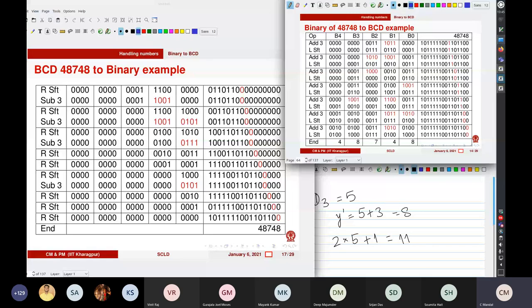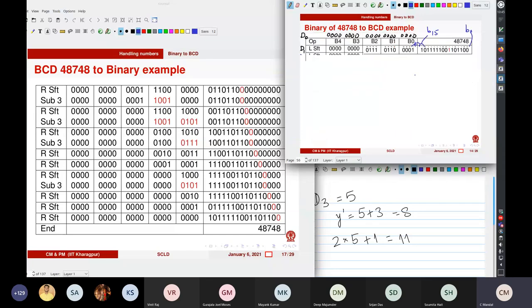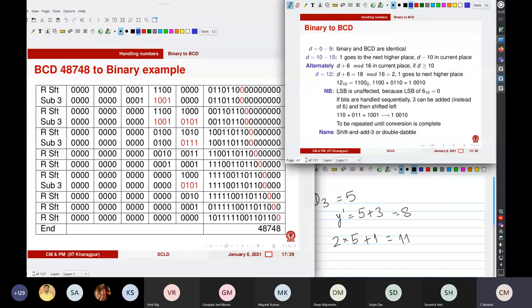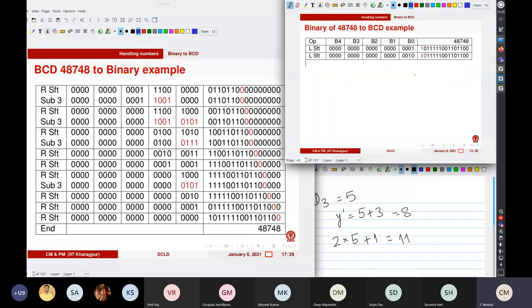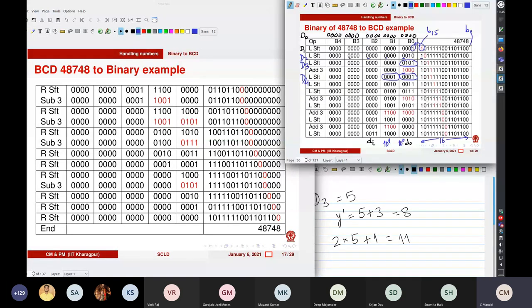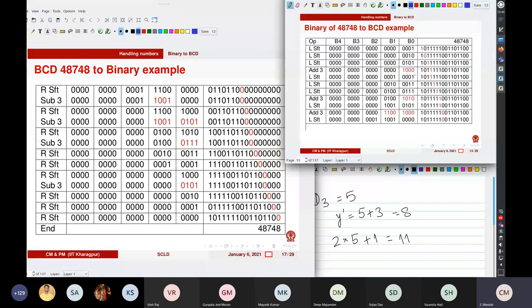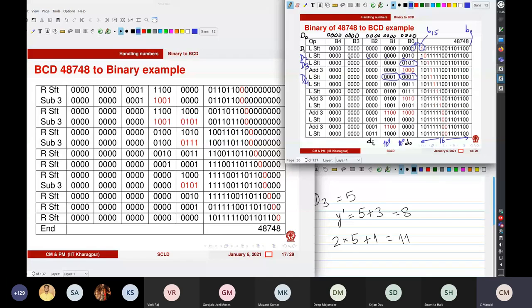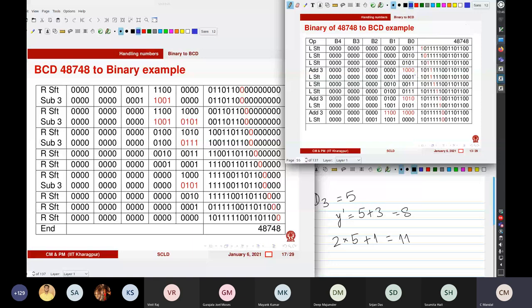So let us just consider this. I'm just going back to this. So how can you implement it? We have seen how it works.